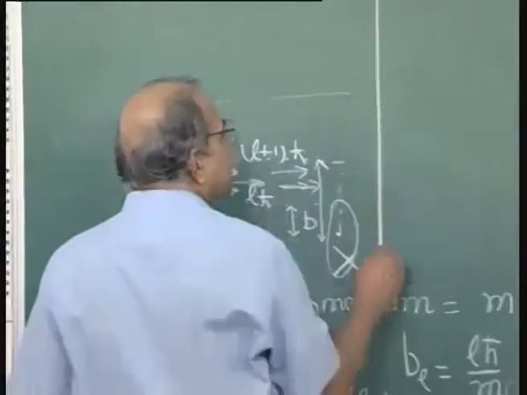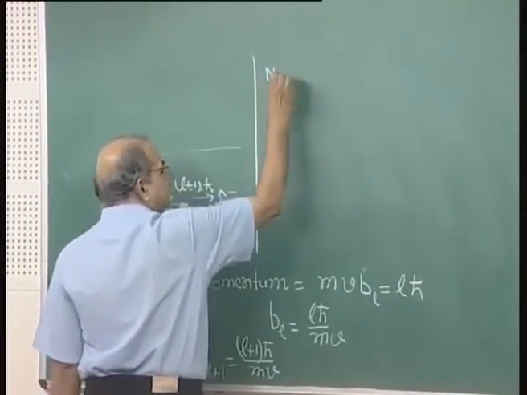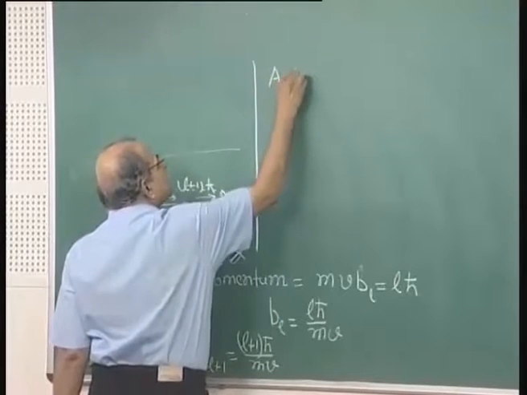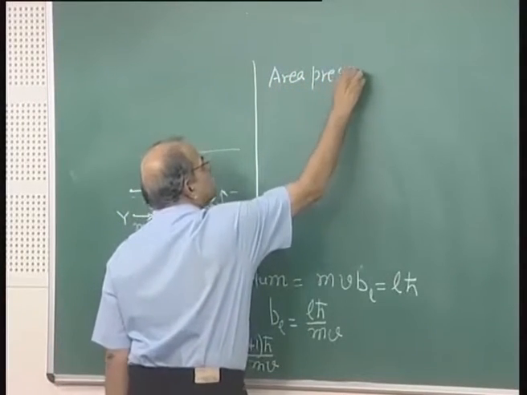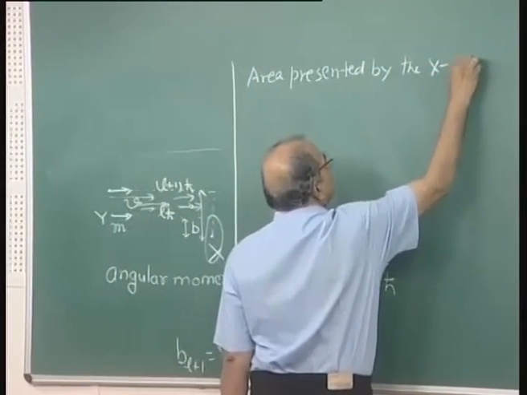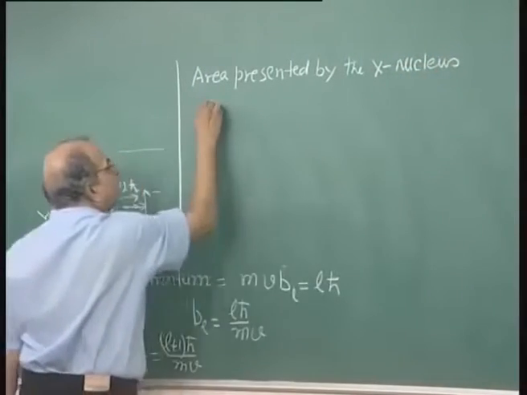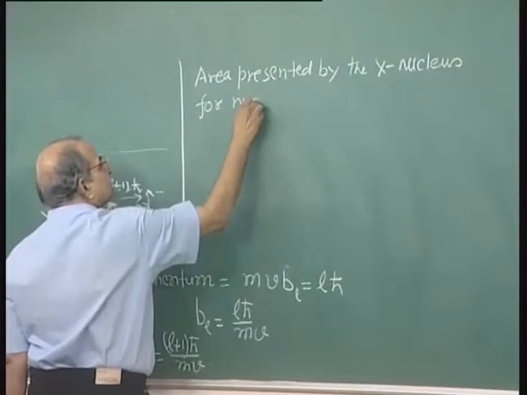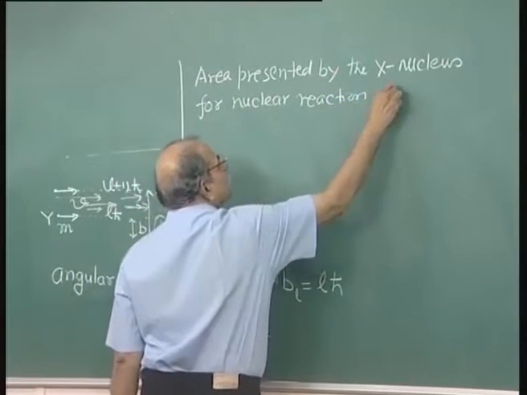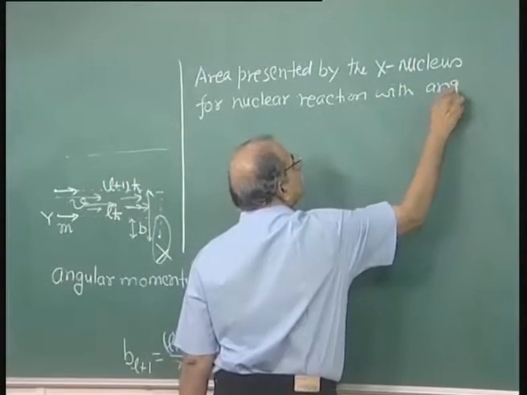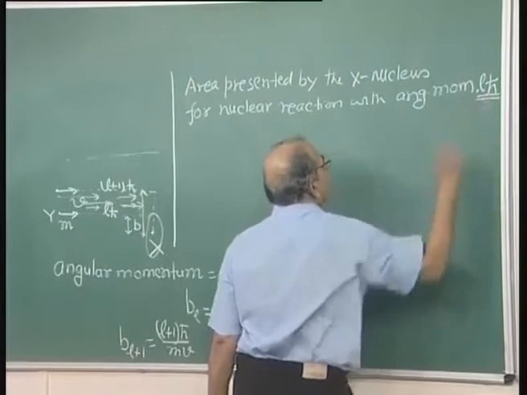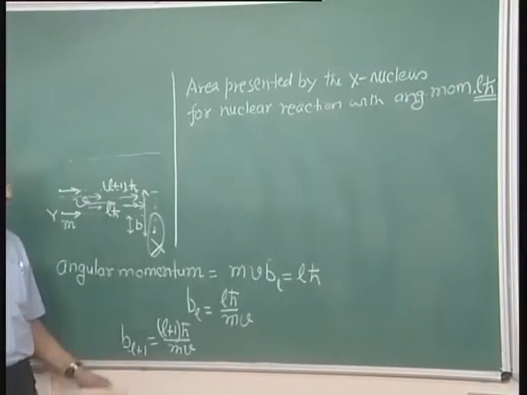So, now let us calculate the number or area presented by the X nucleus for nuclear reaction with angular momentum L h cross. How much is the area presented here?